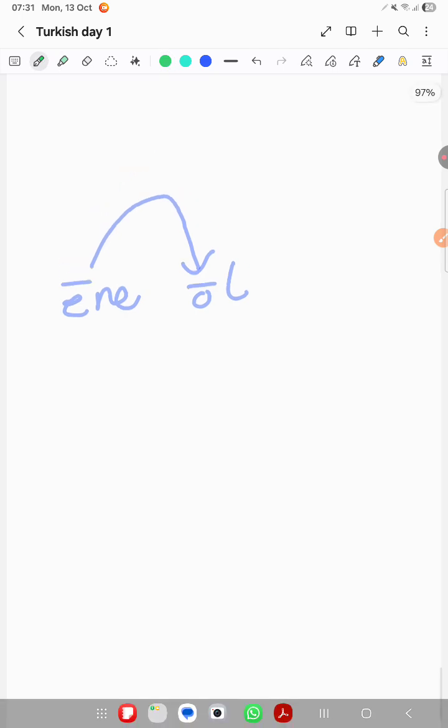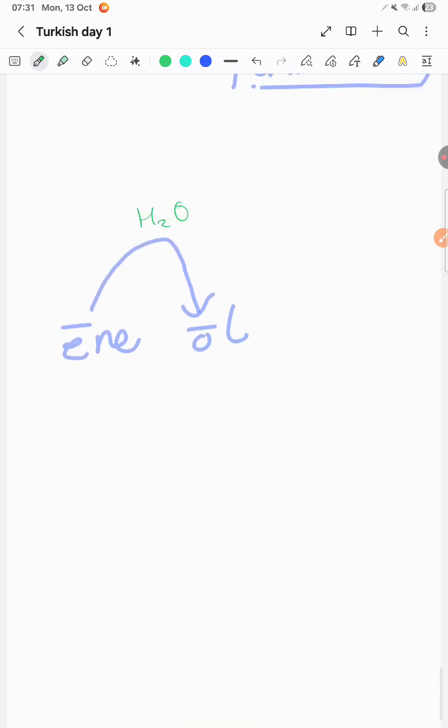All right, so what have we learned? We've learned that you can take an alkene and turn it into an alcohol, an -ol, using water. All you need is water, and you can run your own beer hall. Do not try this at home, it's very dangerous.